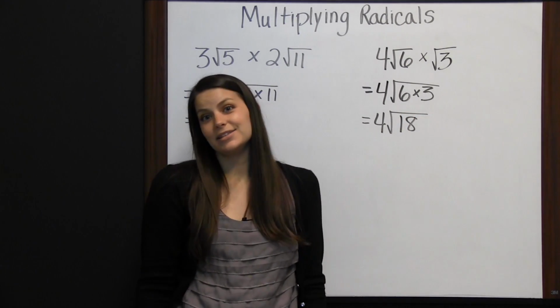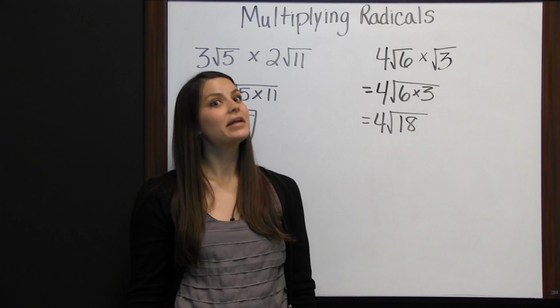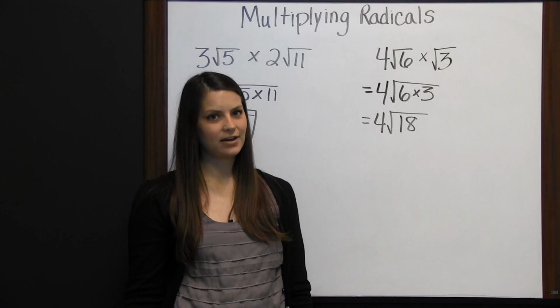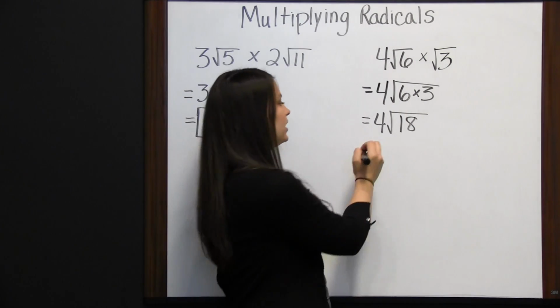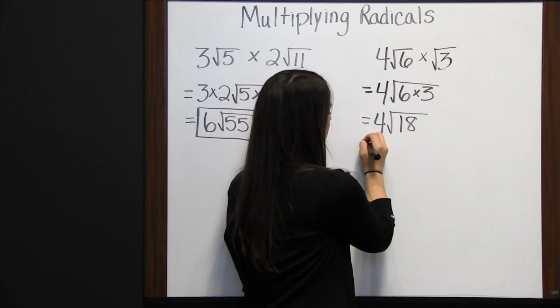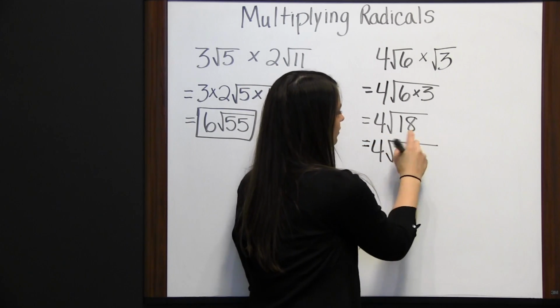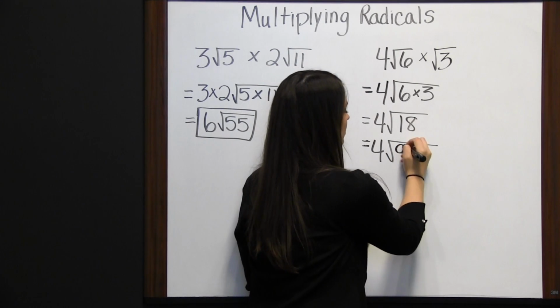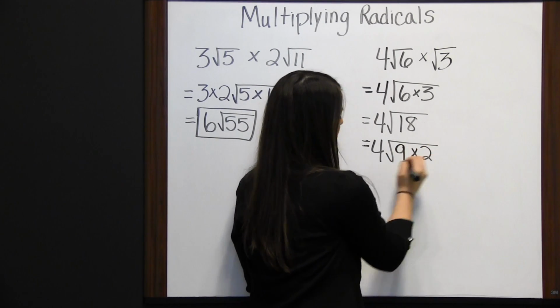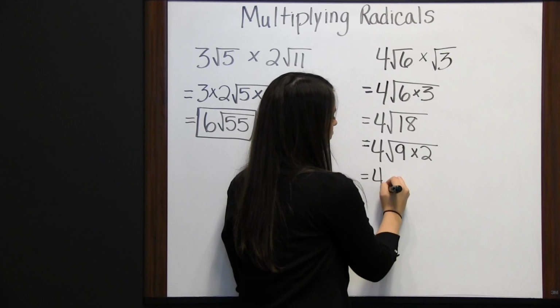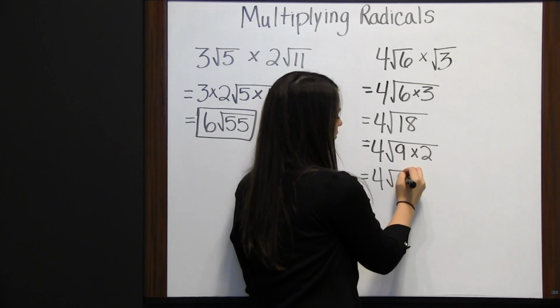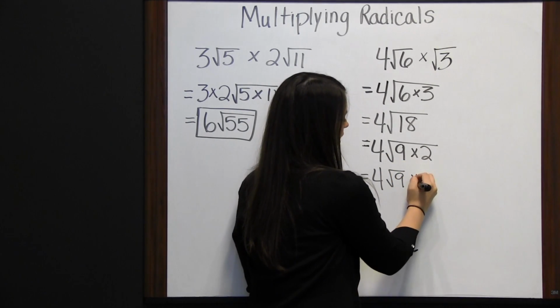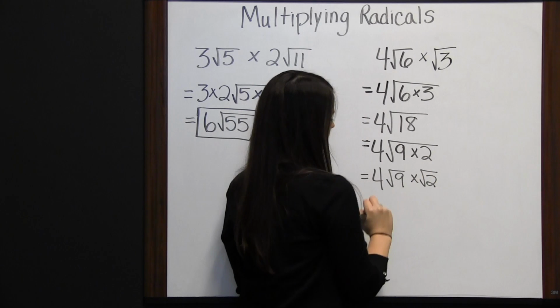Now 18 is not a perfect square, but it does have a perfect square factor. So we're going to simplify it. 4 square roots of the perfect square factor of 18 is 9. So I'm going to rewrite it as 9 times 2, which means this is 4 times the square root of 9 times the square root of 2.